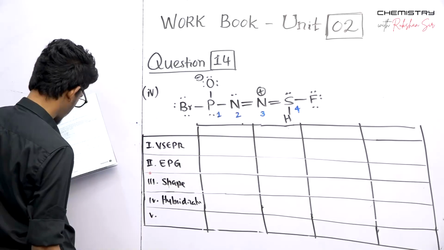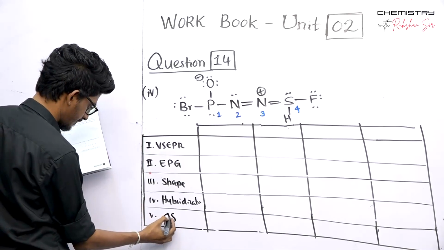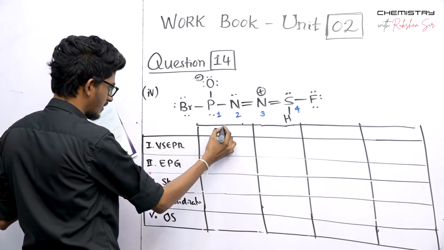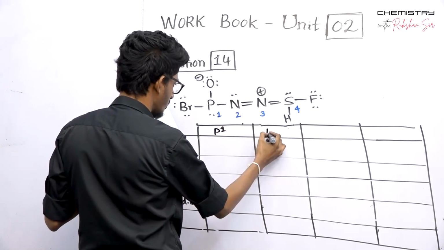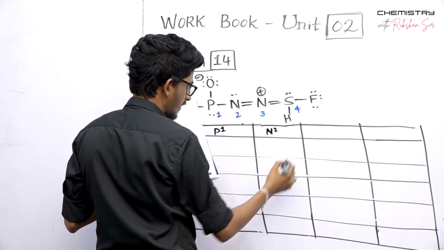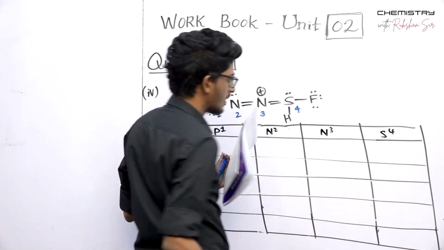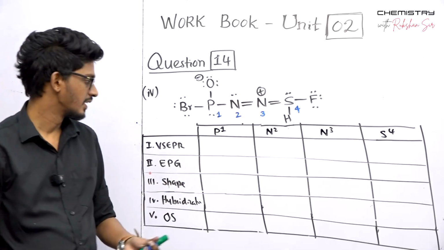Then 5 is the oxidation state. These are atoms P1, N2, N3, and S4. Let's quickly complete the table.